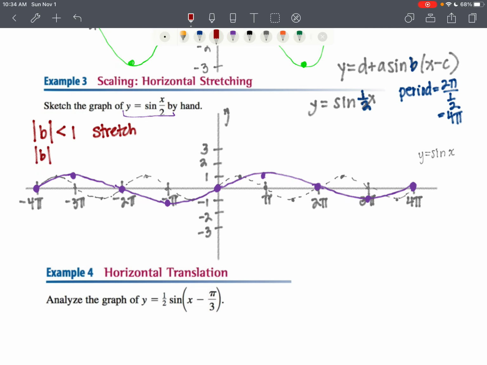When the absolute value of b is greater than 1, then you have a shrink. So that means that you're going to get more cycles between 0 and 2 pi than you normally would if you have a shrink. When you're stretching, it takes you a lot longer to go through one cycle.